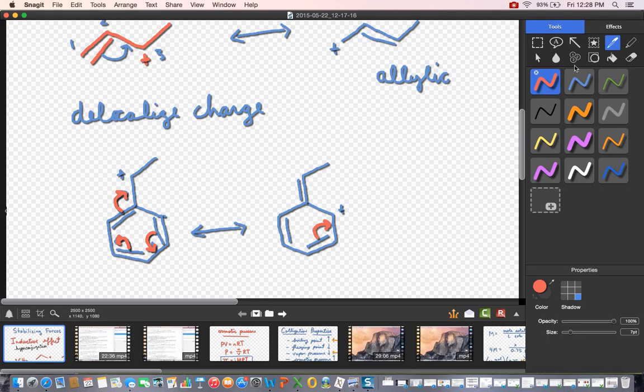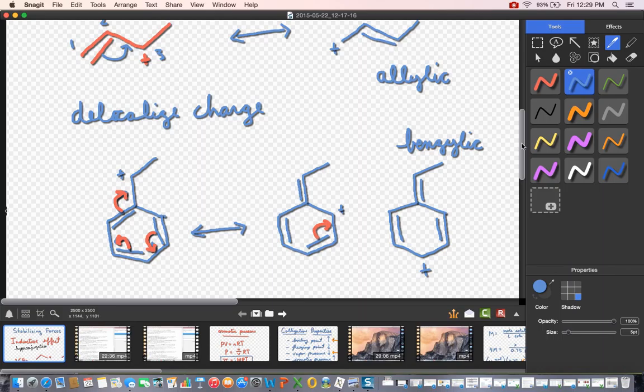And I'll stop here, because all I'm proving at this point is that I have more resonance stabilization for the carbocation when I have a benzylic functionality, that's a carbocation, versus when I have an allylic functionality. So this is benzylic. The resonance effect explains why benzylic carbocations are more stable than allylic carbocations.